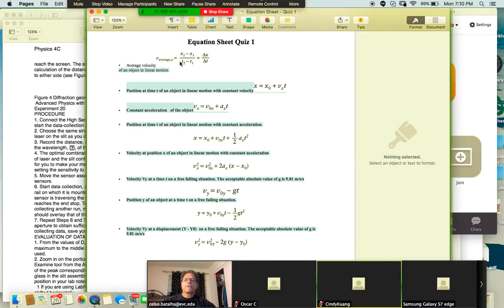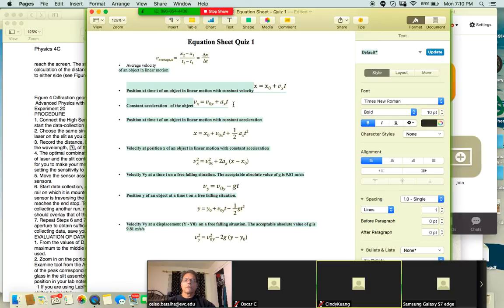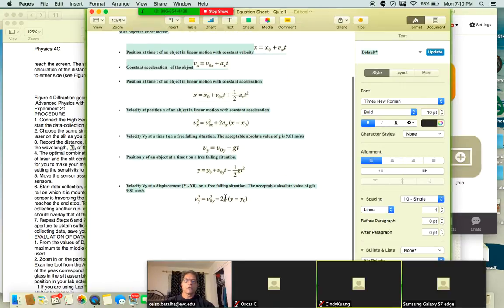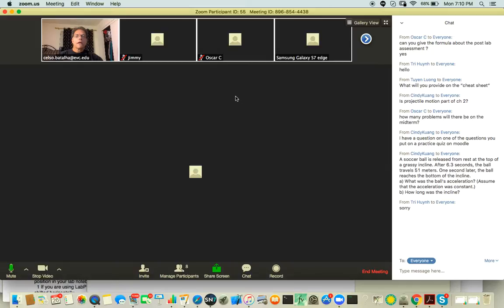So you have the definition of average velocity right there. This is motion with constant velocity. This is the equation for velocity with a constant acceleration. This is position with constant acceleration, Bernoulli, and projectile motion. So basically that's it. This is what I'm going to give you tomorrow. Okay. There you go.